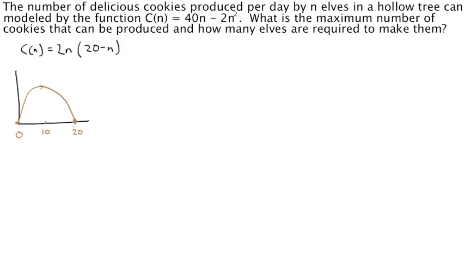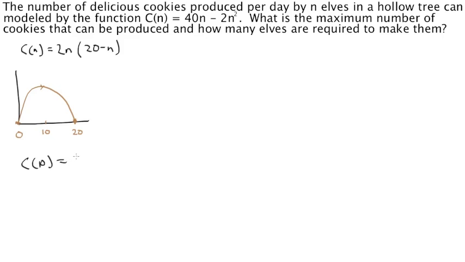And this kind of makes sense. If we have too many, they're going to eat all the cookies that they make, but if we don't have enough, they're not going to make enough cookies. So 10 is exactly where we need to be. However, the problem asks us not only how many elves do we need, but what is the maximum amount of cookies. So in this case, you could just plug in 10 for your n value.